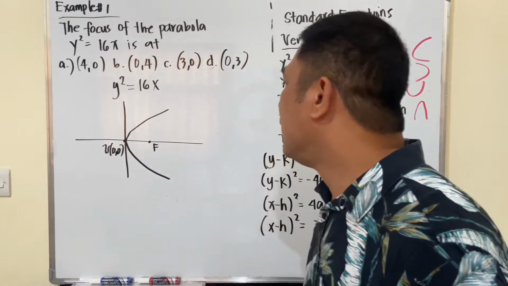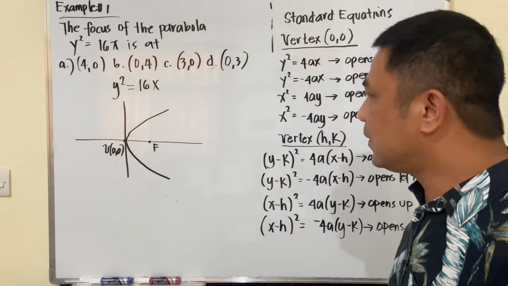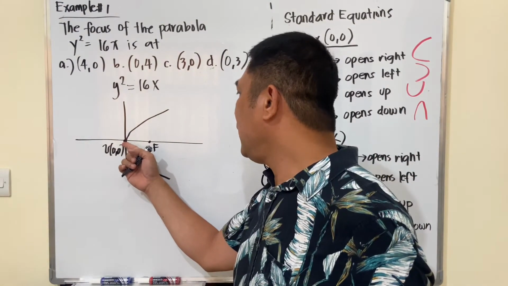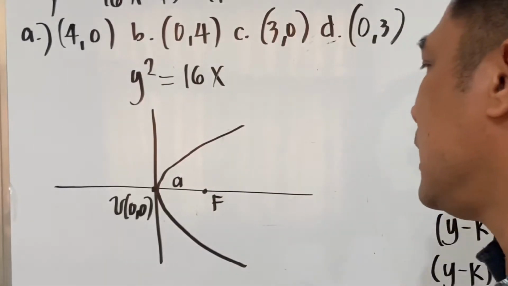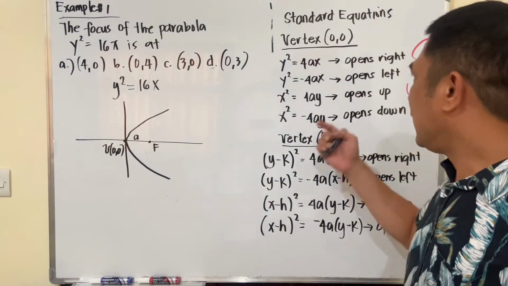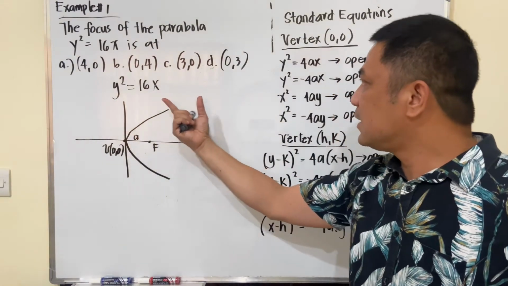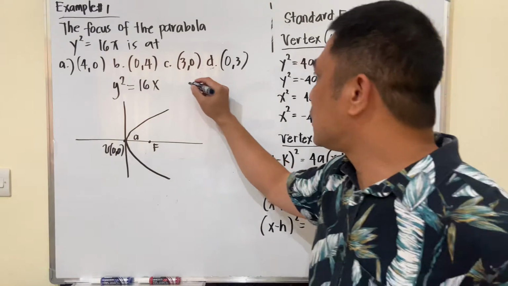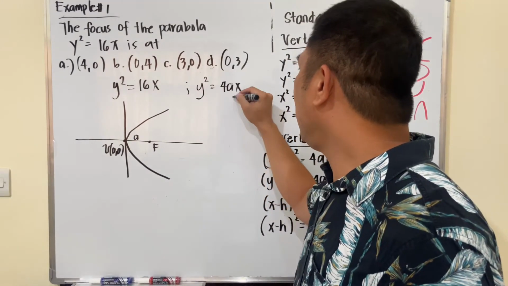Then we are asked to find the focus, this F. If you recall from our introduction a while ago, the distance between your vertex and your focus is a, right? Again, your equation says y squared is equal to 16x, and it falls under the equation y squared is equal to 4ax.